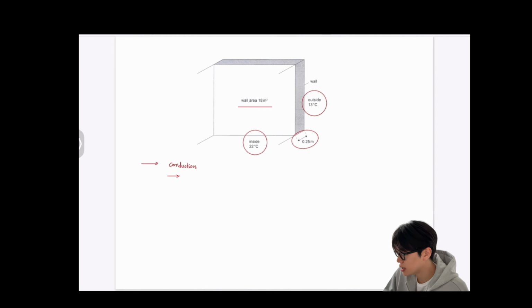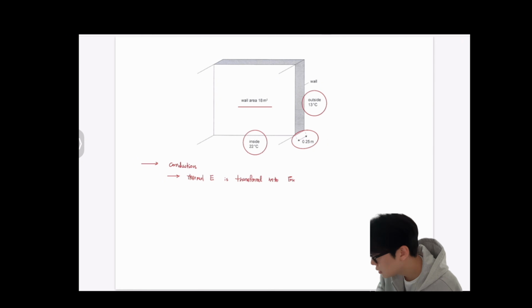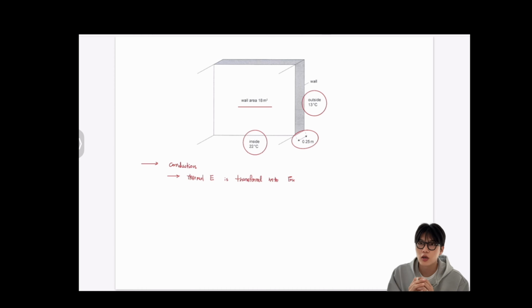So when heat is supplied, the first atoms that the heat is applied to, the thermal energy is transferred into kinetic energy. The kinetic energy goes to vibrational kinetic energy, so they vibrate more vigorously and collide with other atoms.